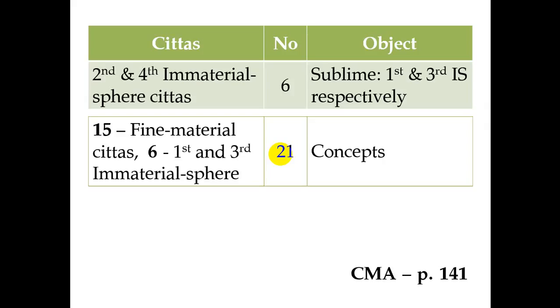Actually, the kasina is a material form. When you look at that material form, that is an eye door thought process. Then you close your eye, and you visualize that kasina in your mind. Even when you visualize the kasina, it is still material form. It's not a concept yet.